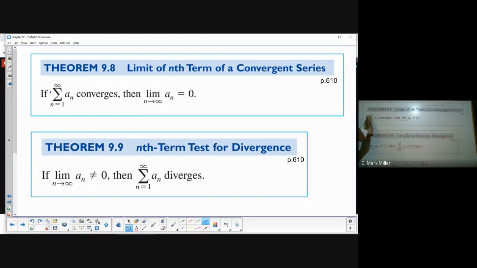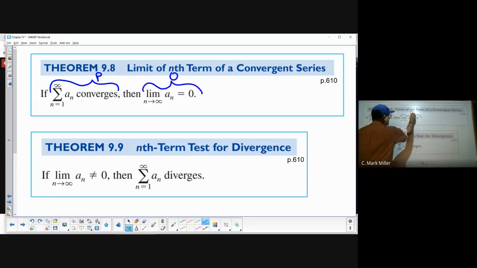Let's call this P, and this another statement Q. Okay. If P, then Q. In math, we say that as P implies Q. I can never have P without Q. Can I have Q without P?